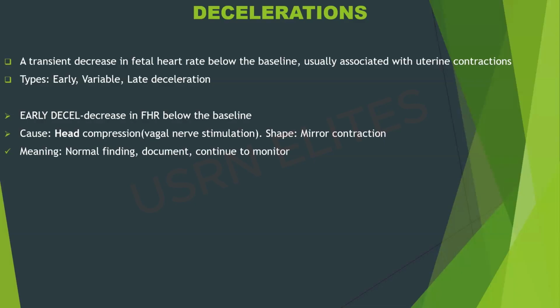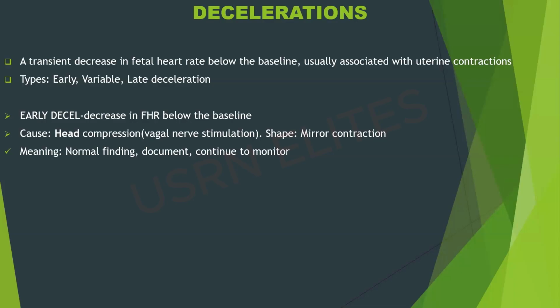So when we have early deceleration, whenever there's contraction, and contraction compresses the head of the fetus, the heart rate will go down. That is early deceleration. Once contraction stops or ceases, then the heart rate will pick up again.